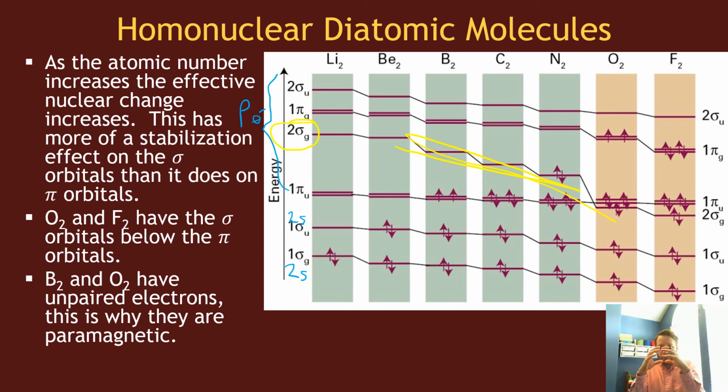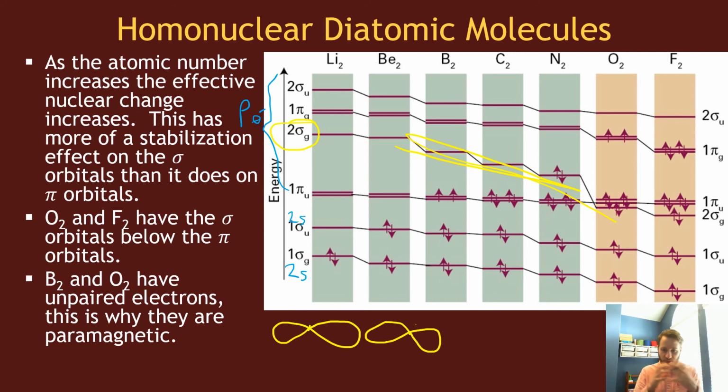And so these orbitals are all being compressed closer and closer to the nucleus. For the p sigma bonding orbitals, you have these lobes that are pointed directly at each other. And in something like lithium and beryllium and even boron and carbon, there's a lot of overlap between these orbitals, and it's actually too much overlap.